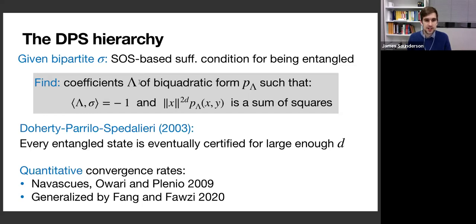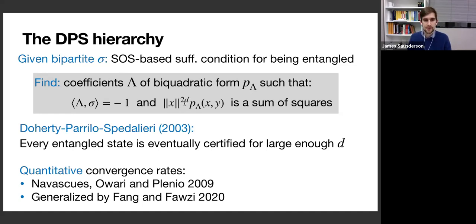I want to find coefficients of a biquadratic form so that, for example, if you take the inner product with my state sigma, I get -1, so something negative. The scaling means I can scale that to -1. And I wanted this biquadratic form to be non-negative. But I'm going to ask instead for it to be a sum of squares when potentially multiplied by some multiplier.